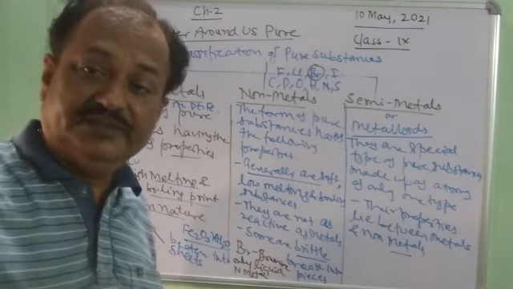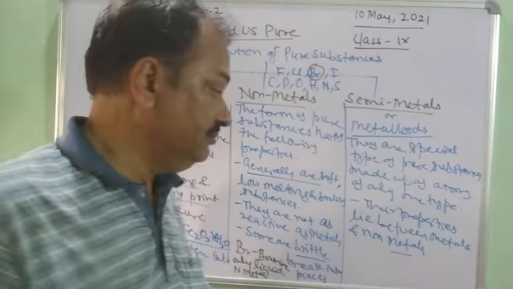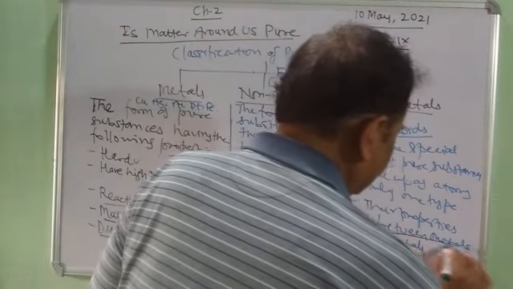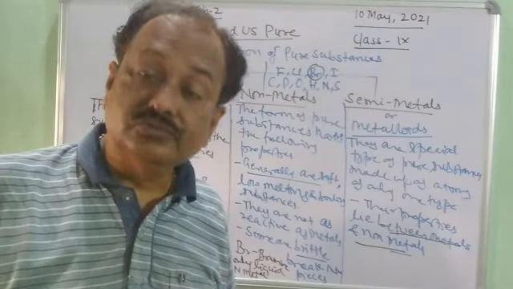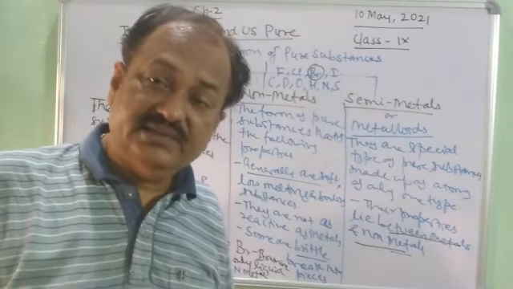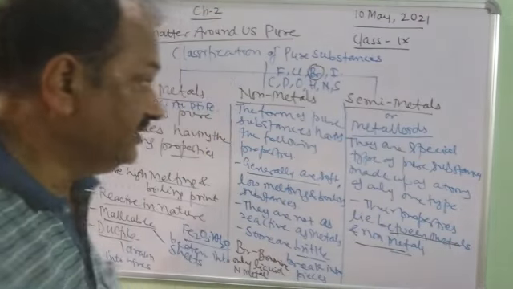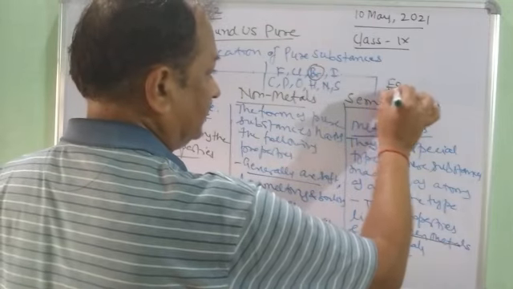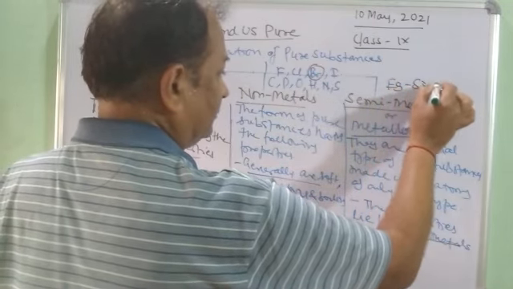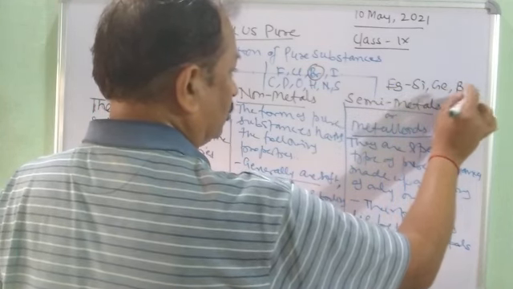So semi-metals have these properties here. Semi-metals have properties between metals and non-metals. So it means they are neither very hard nor very soft. They have some hardness. And examples are here: silicon, germanium, boron.